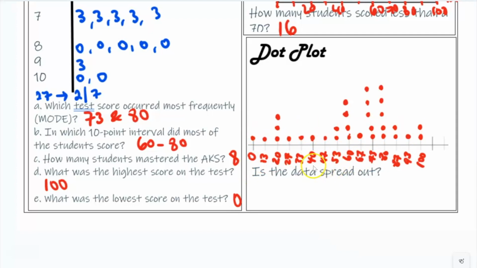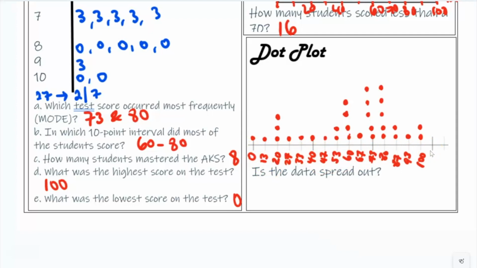All right, so again, from this, you can ask 1,000 questions. What score happened the most? So I can see the tallest part is these two, and that's going to be 73 and 80. How spread out is the data? You can see most of the scores are right here, but it is spread out. Okay, so most of my scores are between 60 and 80, but my data is spread all the way from 0 to 100.